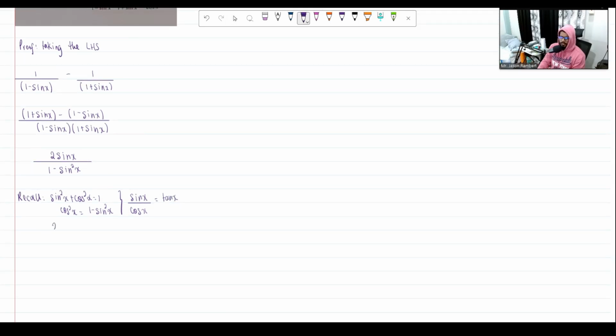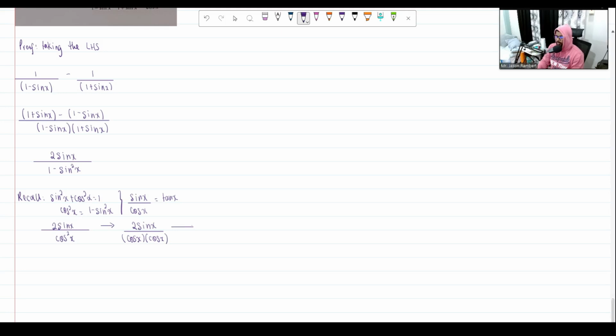So I'm going to get 2 sine x over cos squared x. I'm not going to put an equal sign, I'm going to put an arrow. This is 2 sine x over cos x multiplied by cos x.